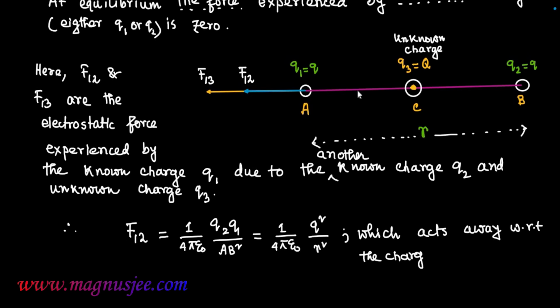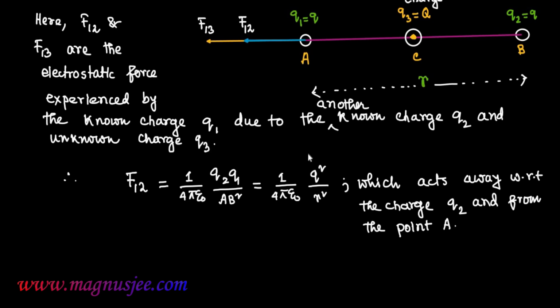This force F12 acts away with respect to the charge Q2 and from the point A. Similarly, F13 is equal to Q3 Q1 divided by CA square.